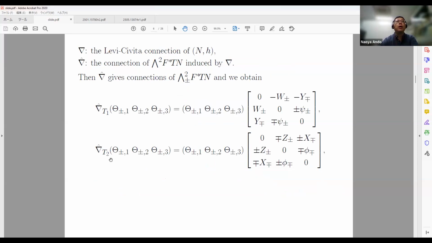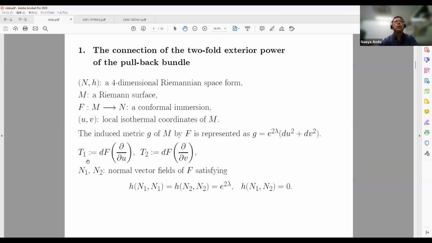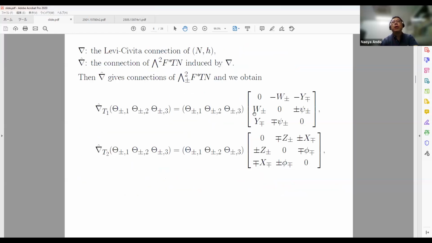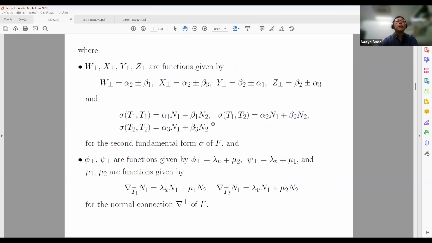T1, T2 are like this. Here, w plus minus, x plus minus, y plus minus, z plus minus, phi plus minus, psi plus minus are functions. These functions are given by these relations.